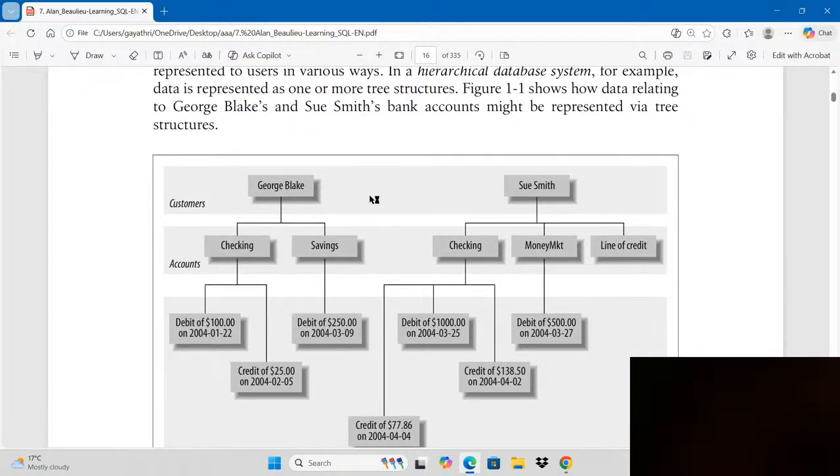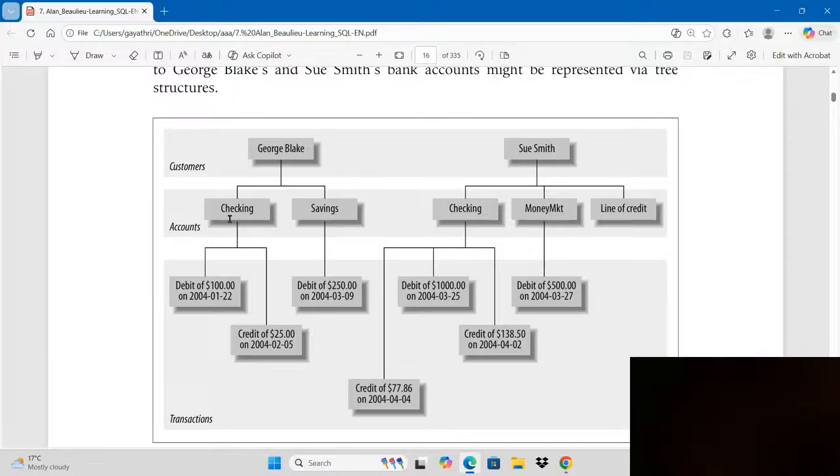So it is representing these two persons' bank accounts. Checking, saving. This person has these two accounts, and this person has three accounts.